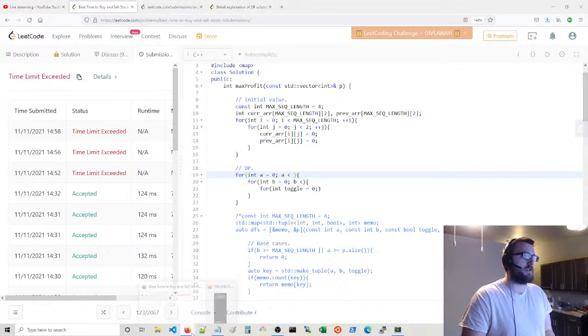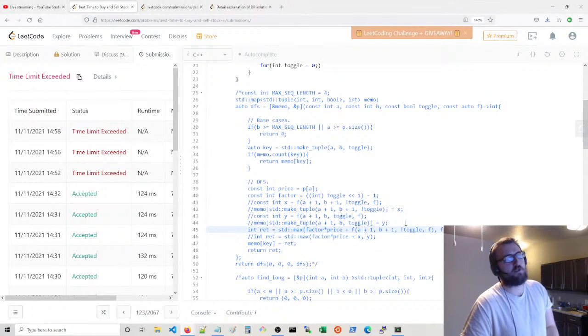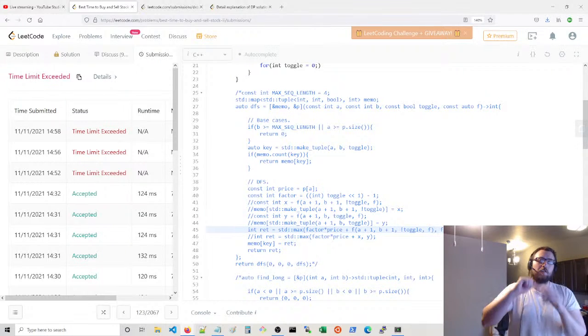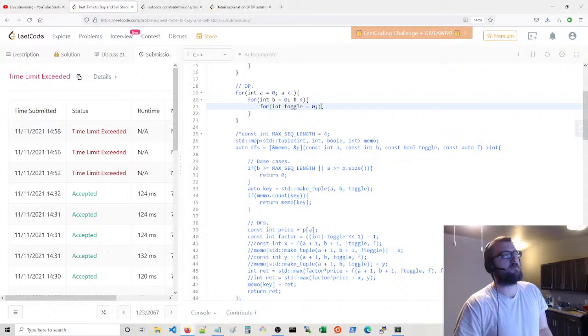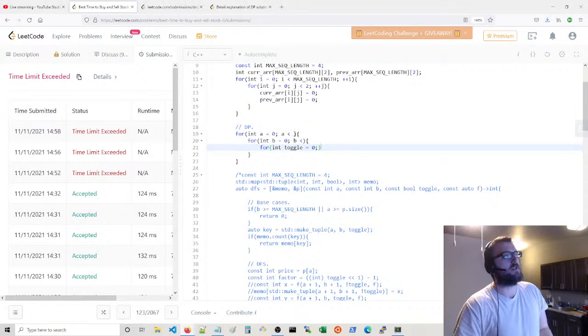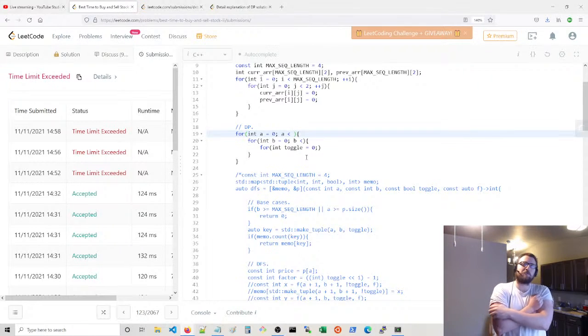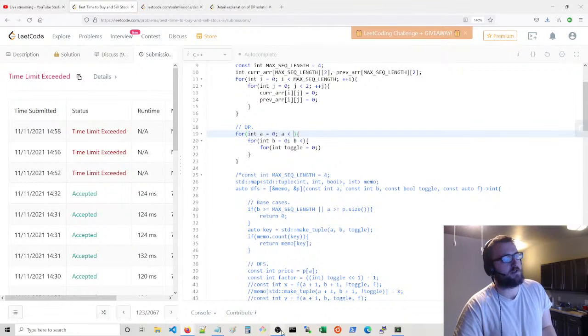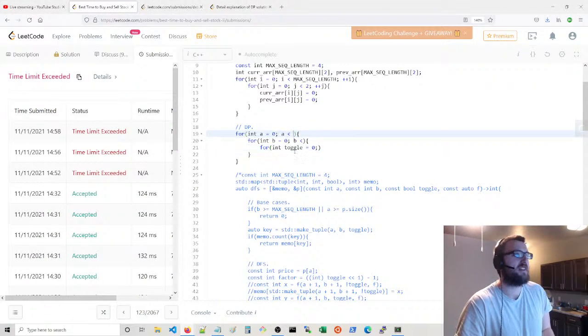Now, I don't know how exactly this is supposed to work. It makes sense here because you're sort of toggling things correctly, I guess, but I don't actually know how things are supposed to work here with this toggle with the DP solution. But the idea is to make sure that the prices as you're considering them are switched between negative and positive values as you go. So I don't know. I don't know what's going to happen here.